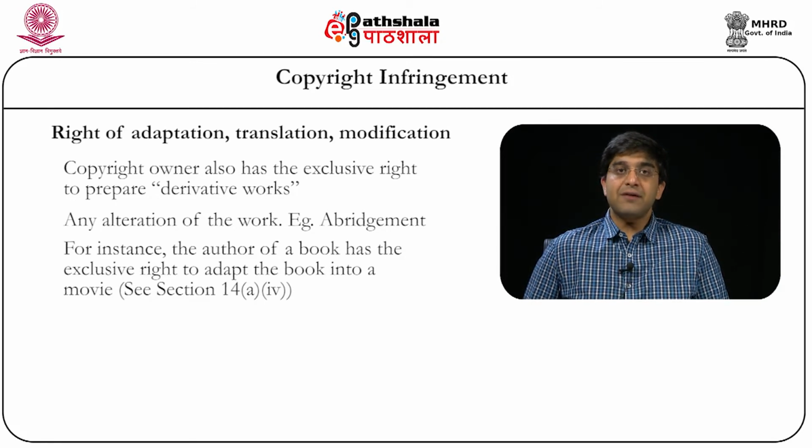Similarly, others have also relied on the underlying characters of the book and have come up with their own versions of different stories pertaining to those characters. Again, those books which rely on the same character as the Harry Potter books are considered as adaptations of the original books, and again, permission must be taken from the owner of the copyright in those books for preparing such adaptations.